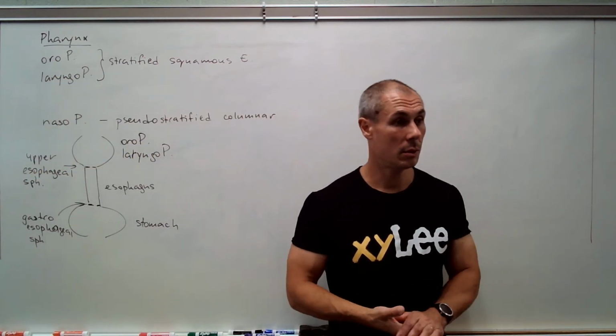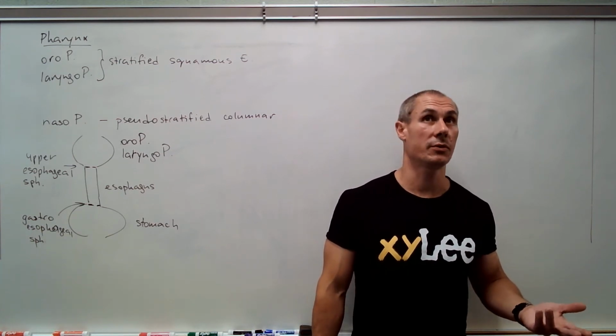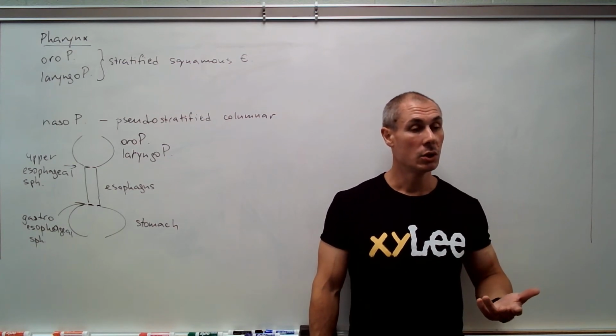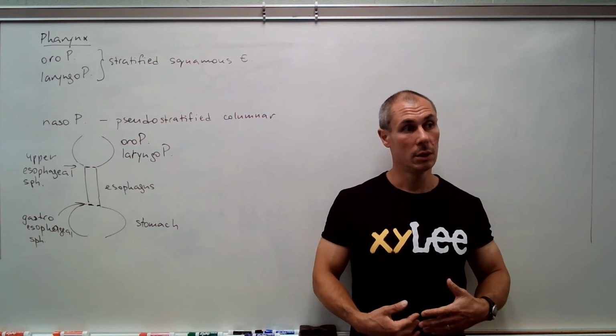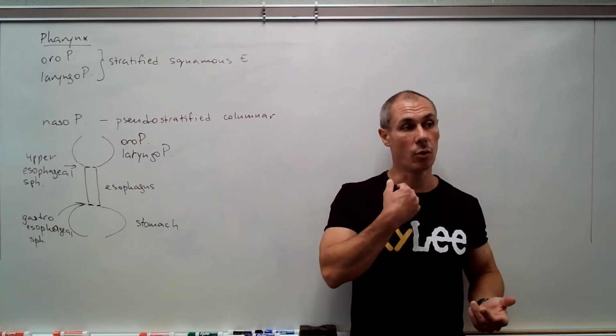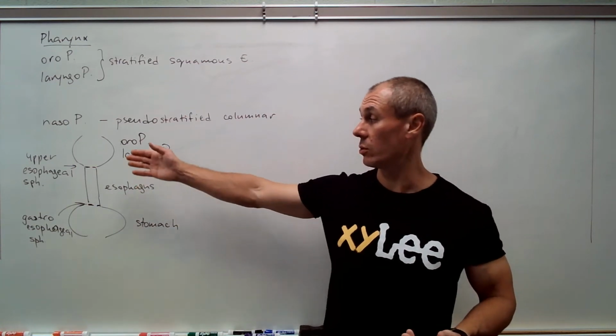Let's put this in perspective. If you have a patient who has trouble swallowing all the way through, so basically you can see that the food leaves the oral cavity and gets into the pharynx, but it has a hard time getting through the esophagus.